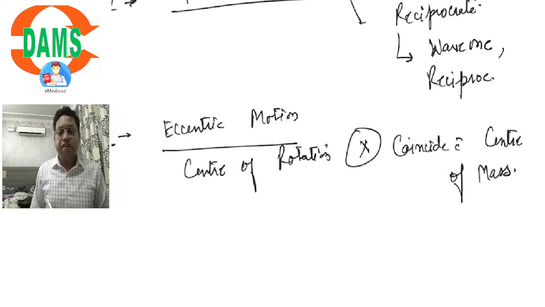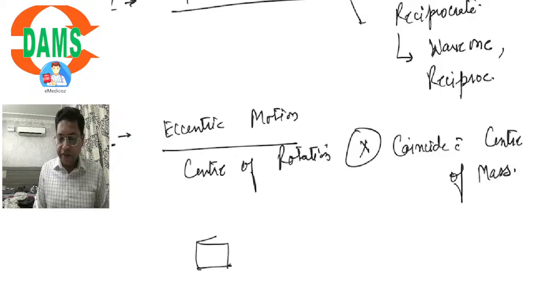Off-centered instruments. If we look at the cross section of the instrument, the instrument would rotate somewhere here around this axis marked with letter X. So the center of rotation does not coincide with the center of mass. So these instruments have eccentric motion.